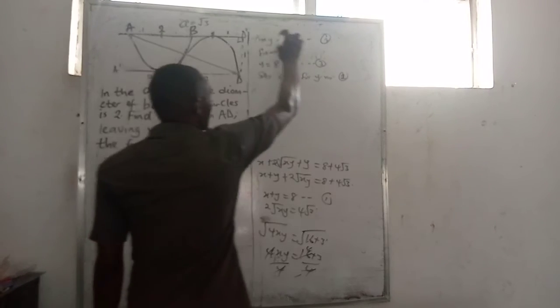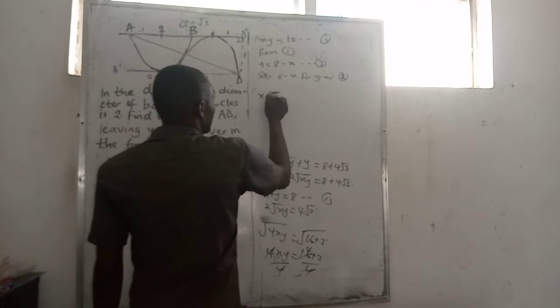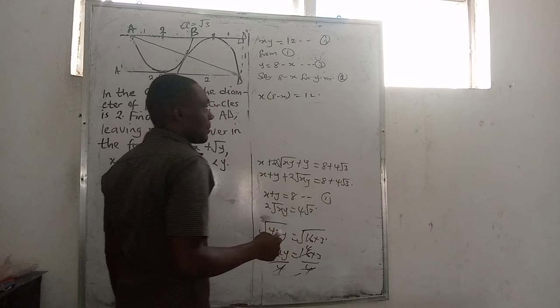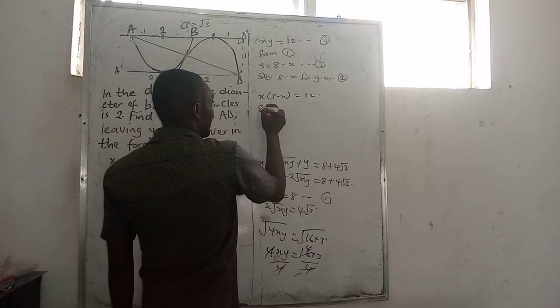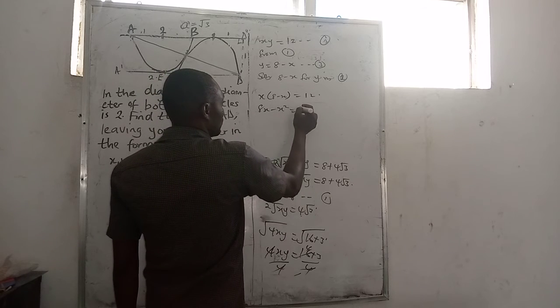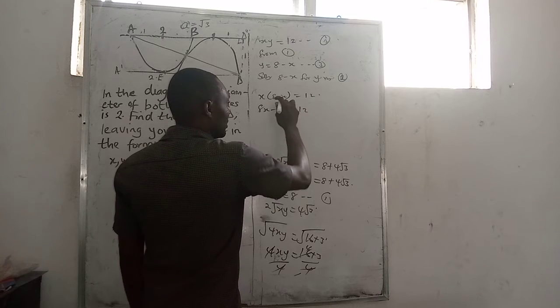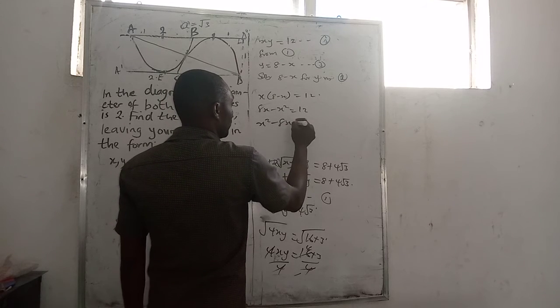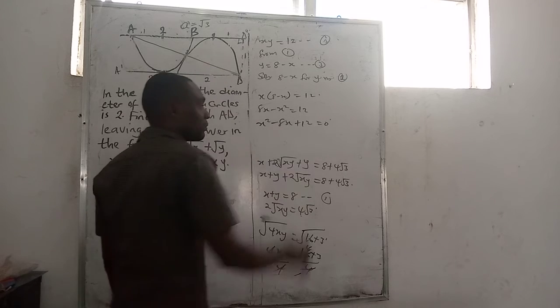So on substituting, you are going to have x times 8 minus x equals 12. So I have 8x minus x squared equals 12. So I have x squared minus 8x plus 12 equals 0.